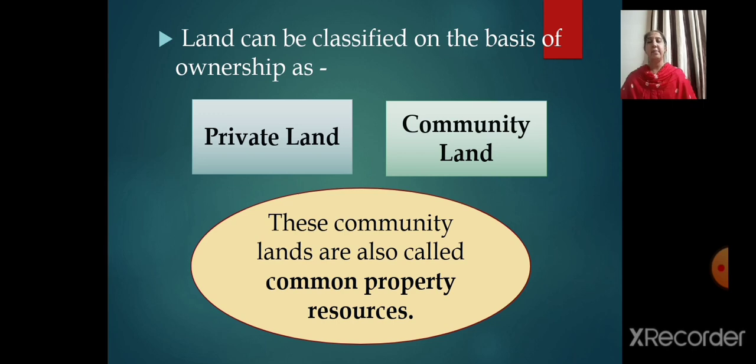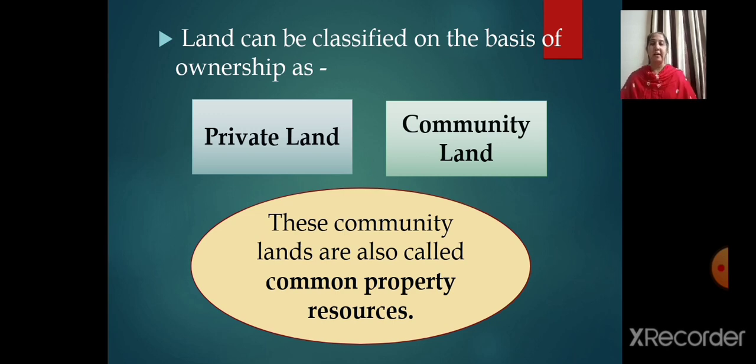Now, land can be classified on the basis of ownership as private land and community land. From the word private itself, you can understand it is owned by individuals, right? Whereas community land is owned by the community for common use, like collection of fodder, fruits, nuts or medicinal herbs.